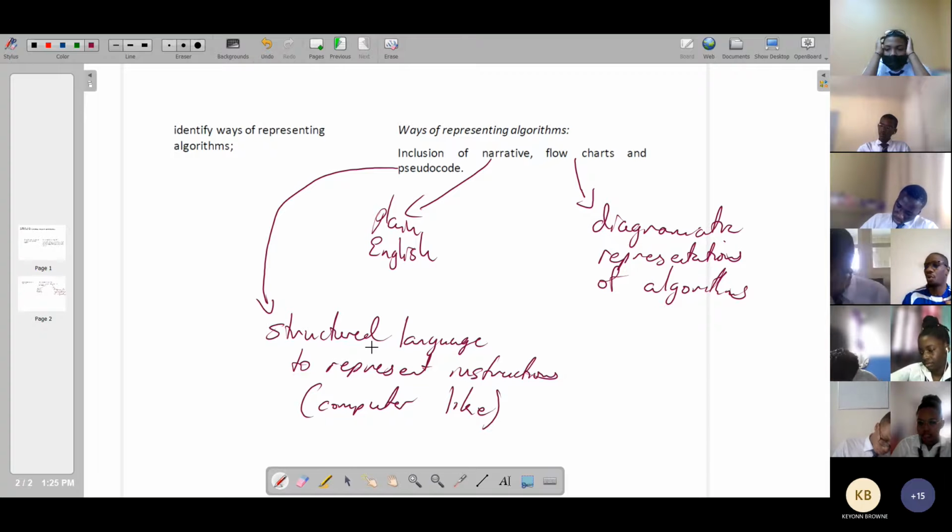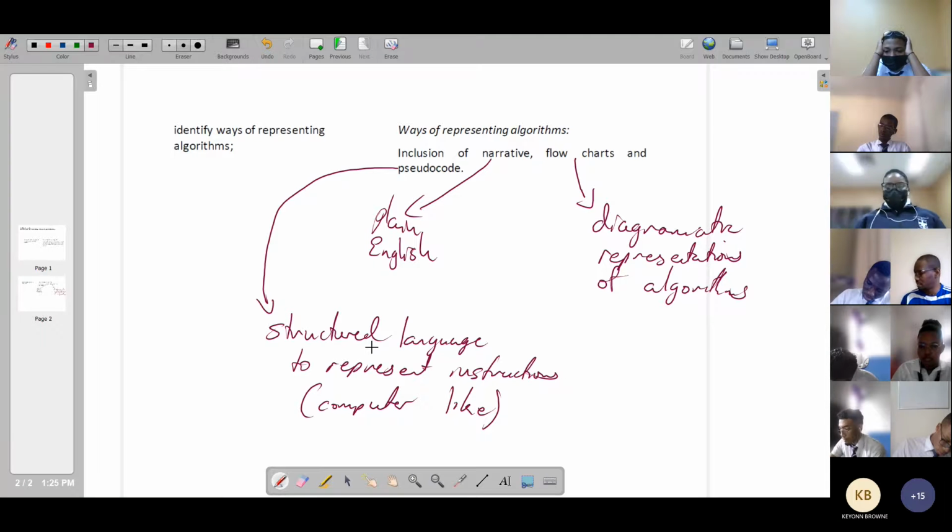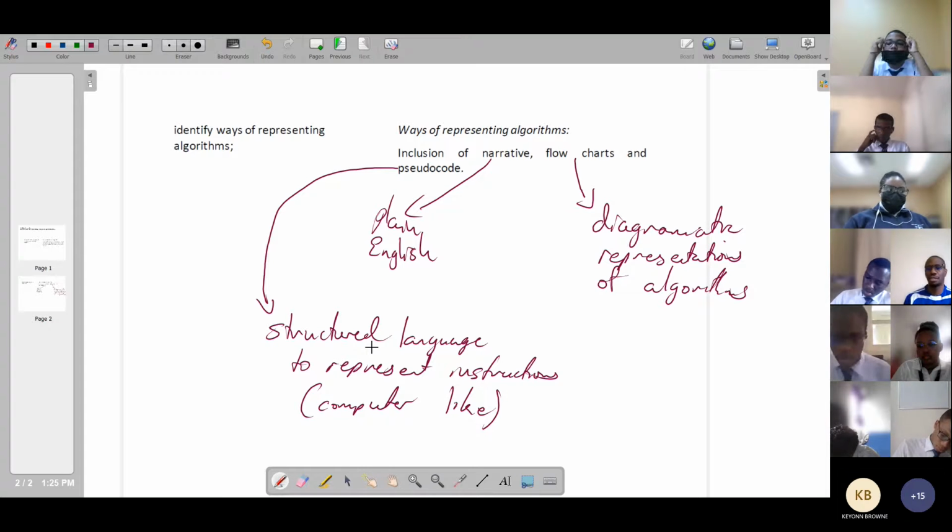So your pseudocode algorithms are not meant to be read and executed by computers. They are to be used to model the computer-like structure.